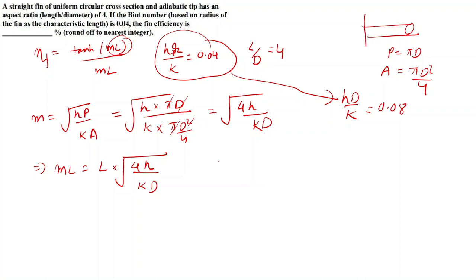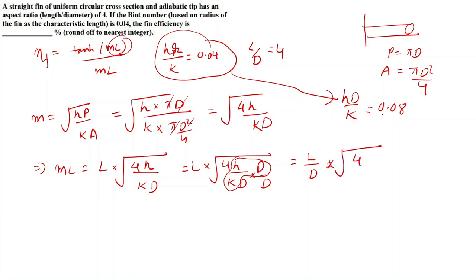Now I need to fit this equation over here. So what I will do is multiply and divide the term under the root with the diameter. So now I have hd upon k, and this d square I will take out of the square root bracket.